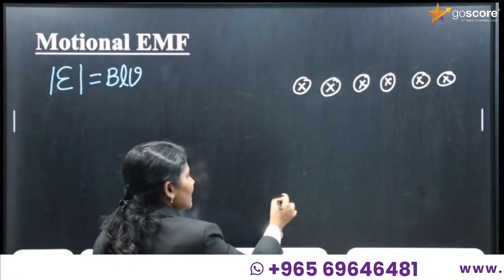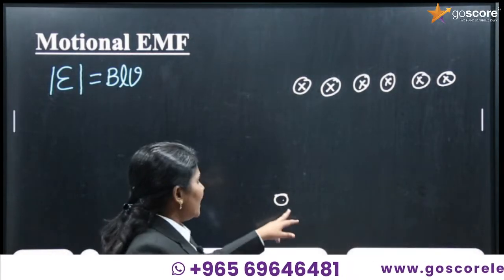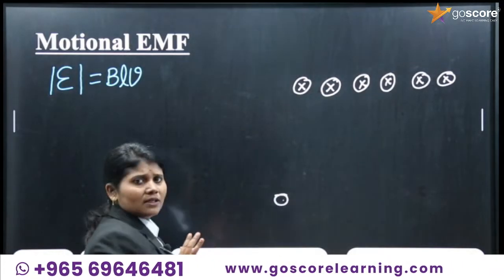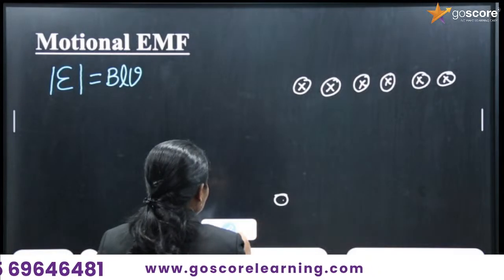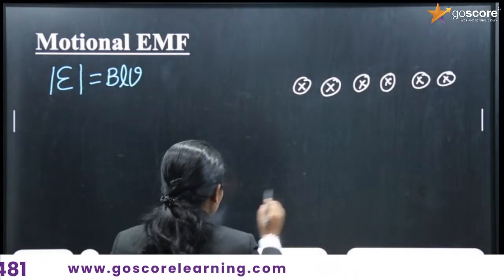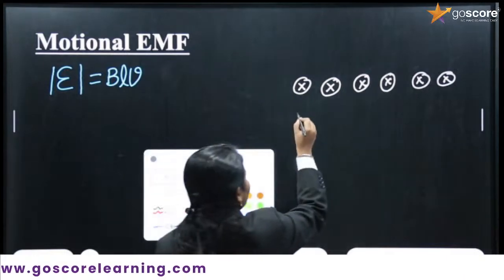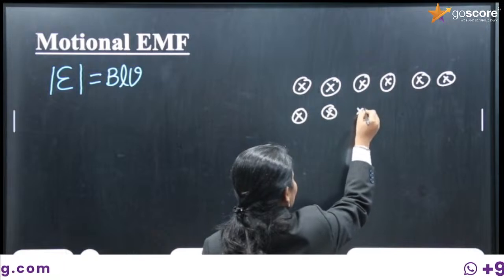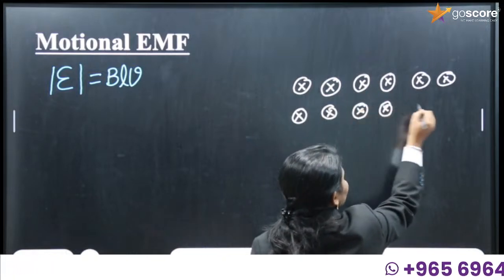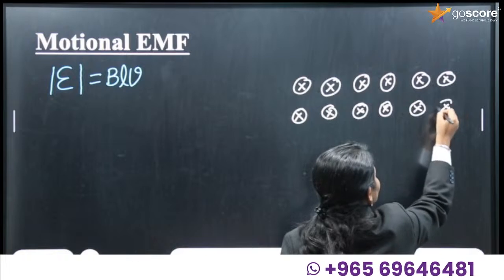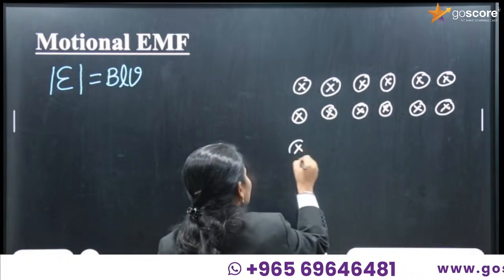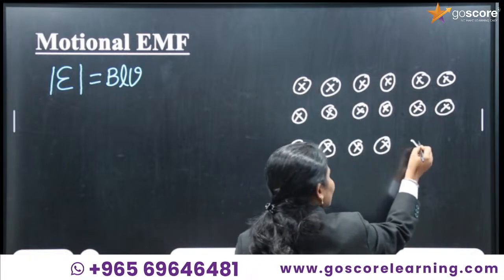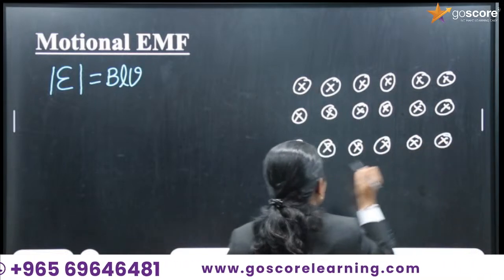Outside the board we indicate like this, and inside the board we indicate with this symbol. Magnet is there, magnetic field lines are there, and magnetic flux is there.